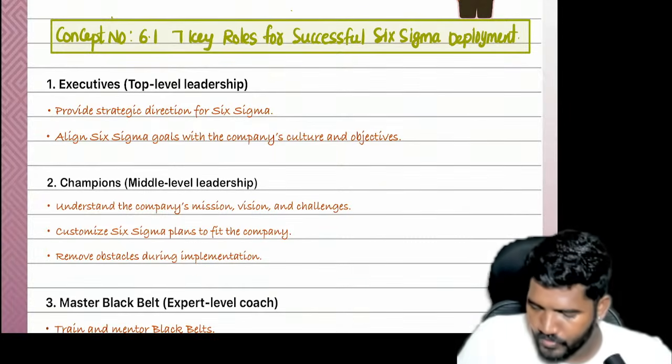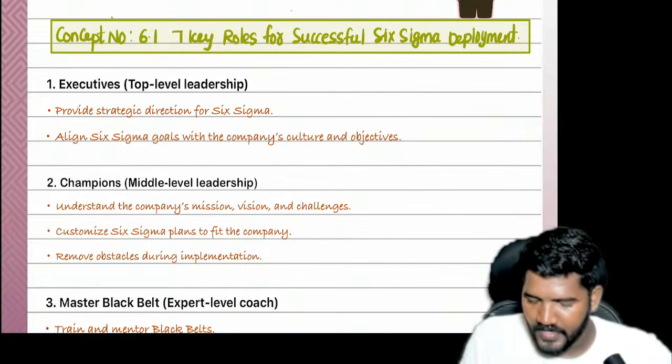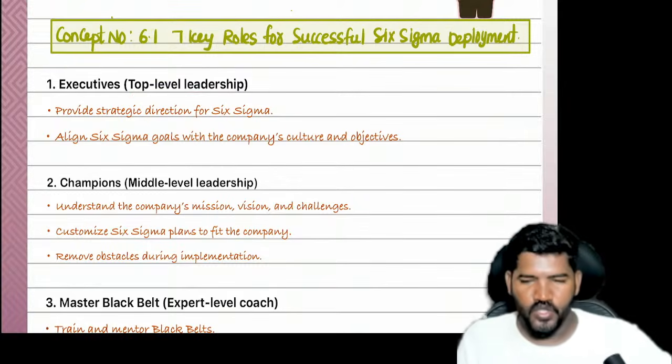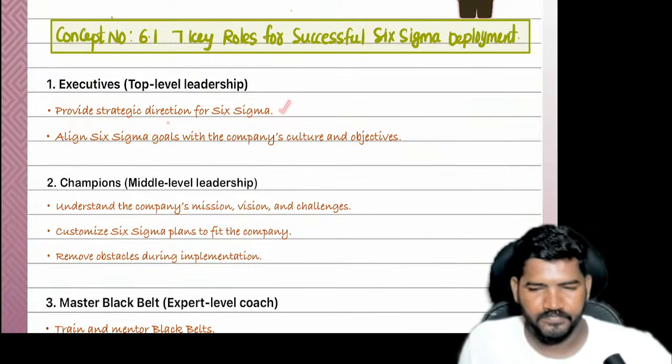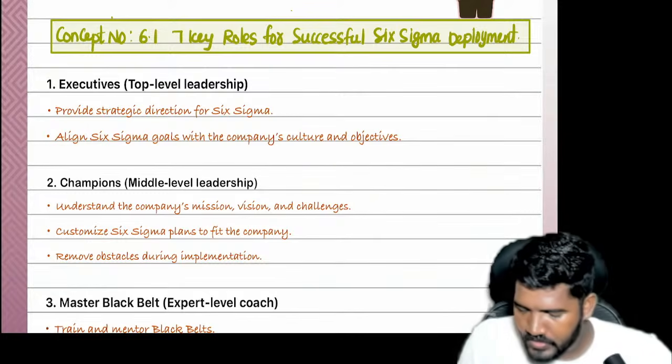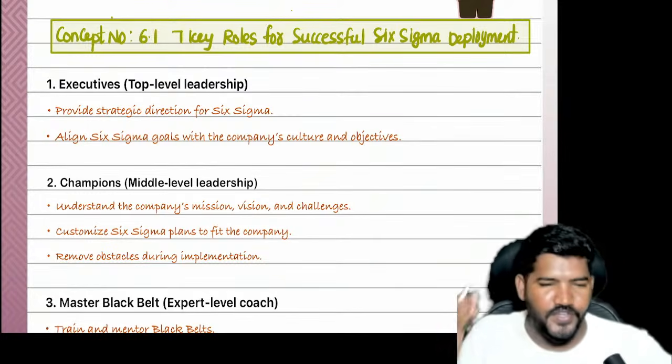The first persons are called executives. They are also known as top-level leaders. Their work is providing strategic direction for Six Sigma and aligning Six Sigma goals with the company's culture and objectives. That is the task of executives.